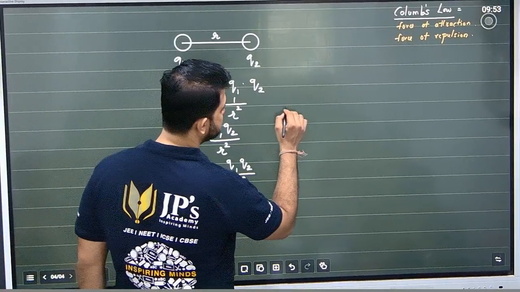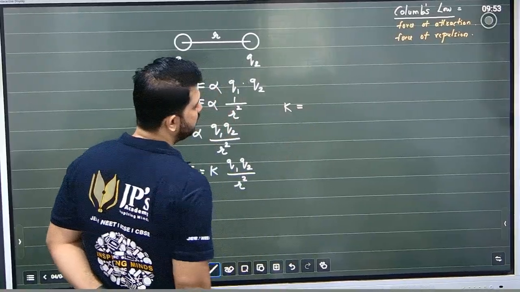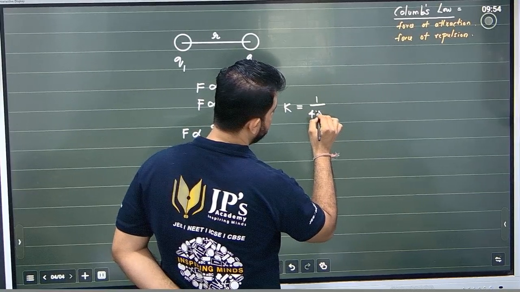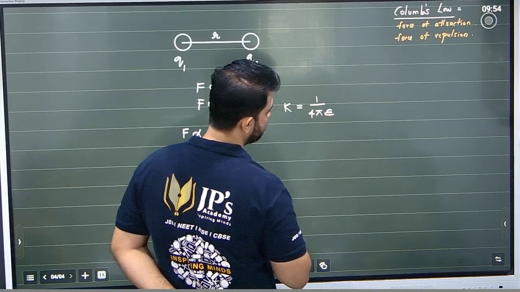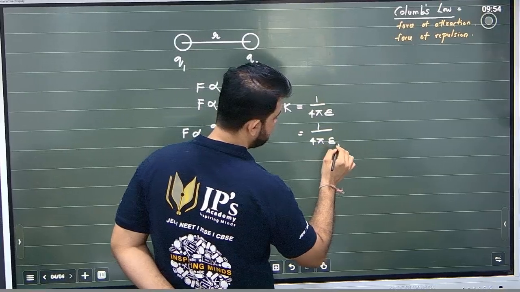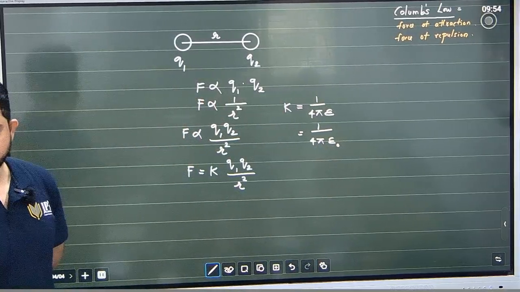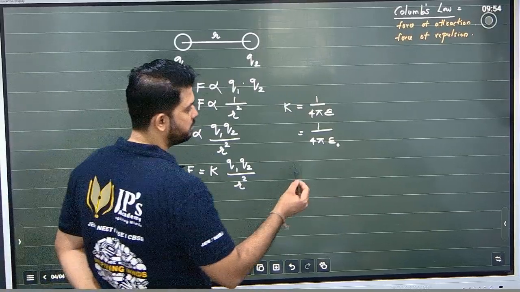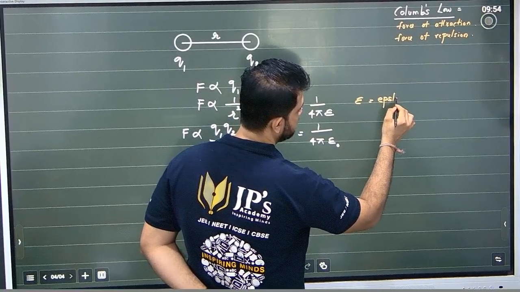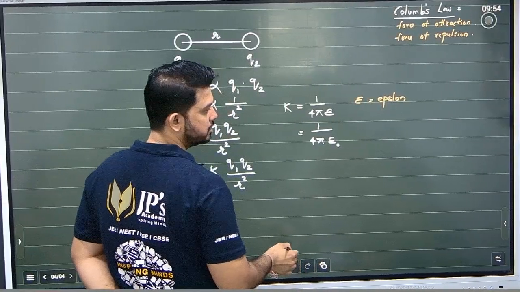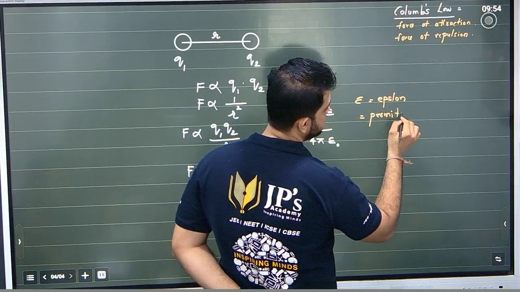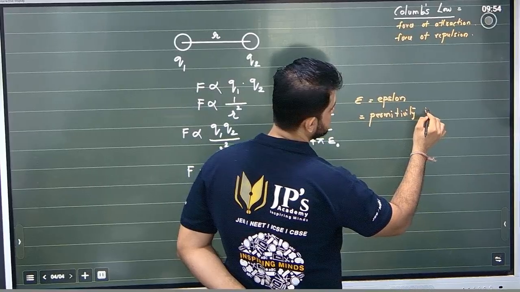K is our constant. This constant K is given by 1 upon 4 pi epsilon, or 1 upon 4 pi epsilon naught. I'll explain what that means. Epsilon is called permittivity in free space.